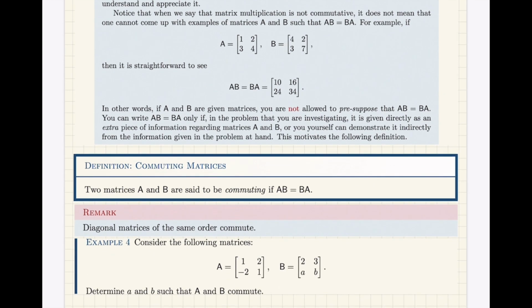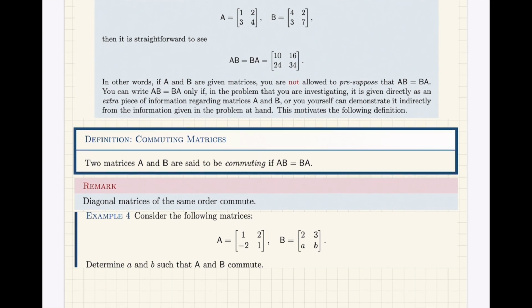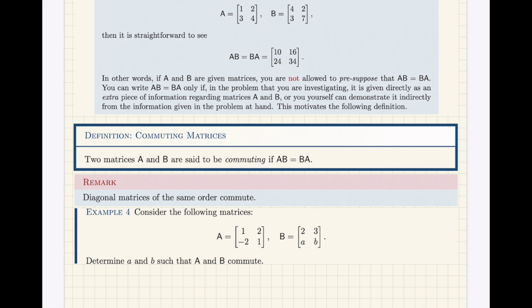And this is the motivation of this definition. Commuting matrices. Two matrices A and B are said to be commuting if, of course, AB is equal to BA. These commuting matrices are an important category of matrices.